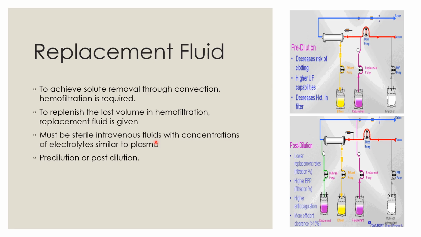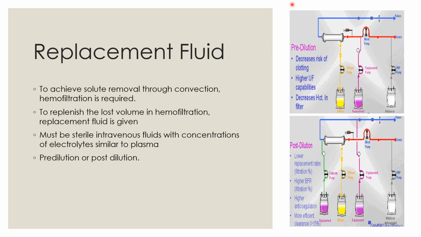Replacement fluids can be returned either pre or post filter. This is referred to as pre-dilution or post-dilution. Pre-dilution means that the replacement solution is returned to the blood before it reaches the filter, diluting the blood in the hollow fibers.